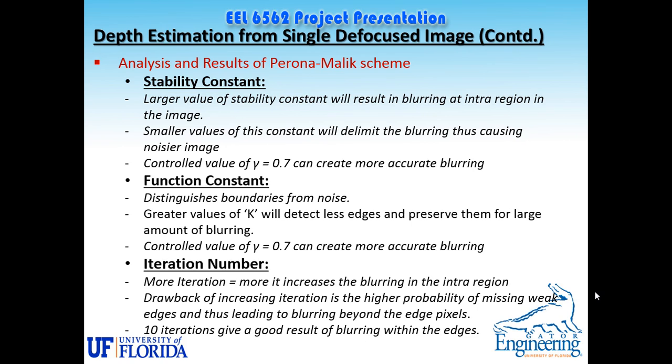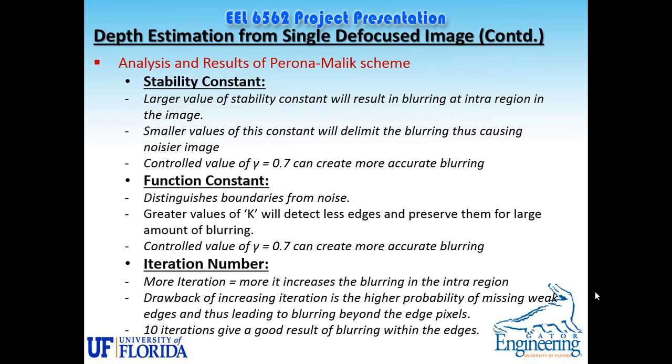These are the analysis and results of the Perona-Malik scheme, or the anisotropic filtering scheme. The anisotropic filtering scheme actually depends on three parameters. First of all, we have the stability constant, which is basically the value of gamma.